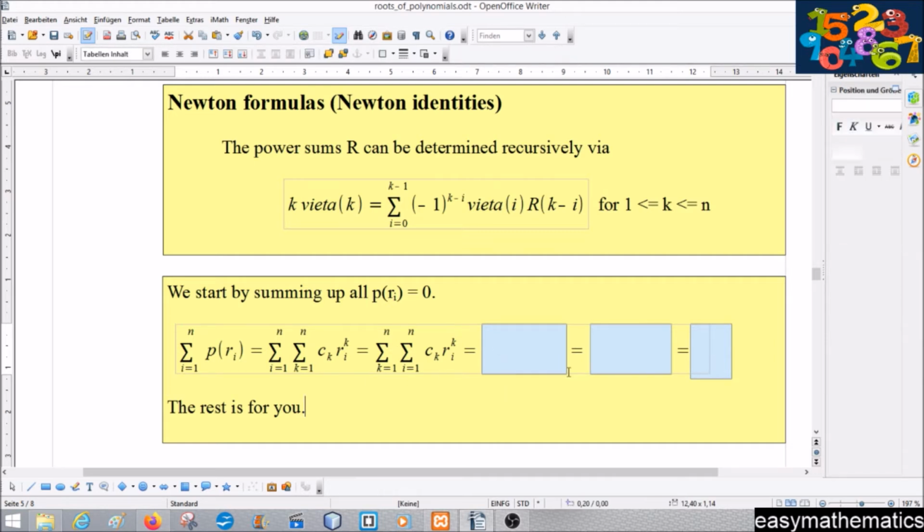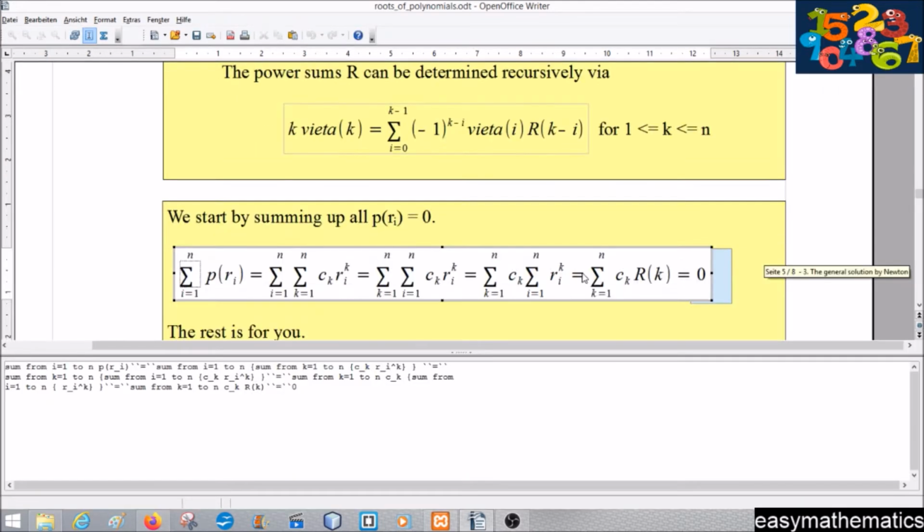Why? Okay, no problem. So you see, we can factor out the ck of the inner sum, okay? And now the inner sum was by definition capital R of k.